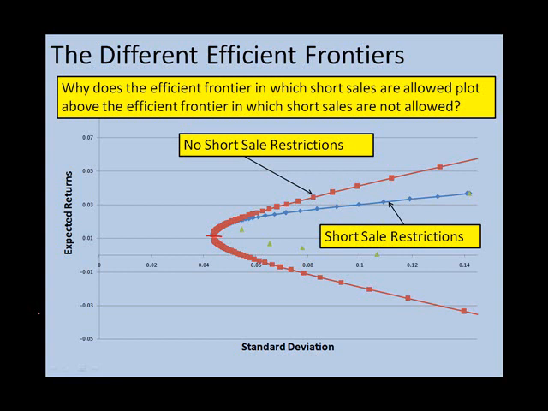We have the efficient frontier with no short selling restrictions in red, and the efficient frontier with short selling restrictions in blue. And you can see that for any given level of risk, such as 8%, the expected returns are higher when there are no short selling restrictions.